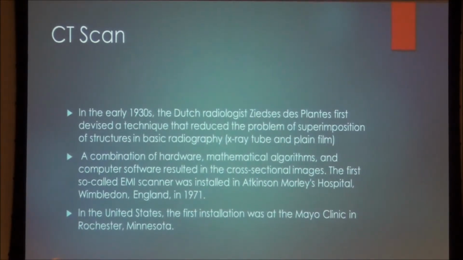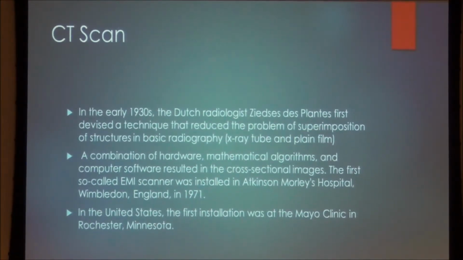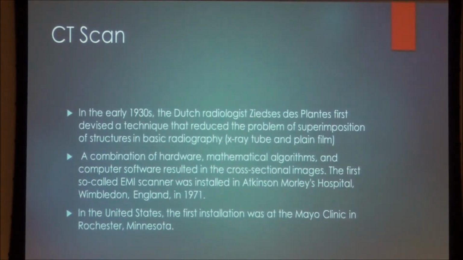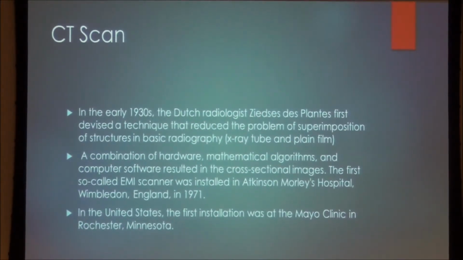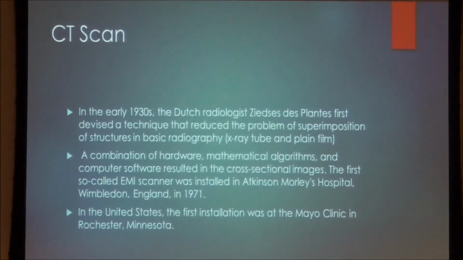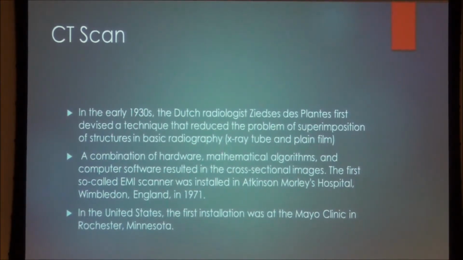Now, another imaging study that we use very frequently, sometimes I think we are overusing it, is the CAT scan. It was invented in the 1930s by a Dutch radiologist, and it was very tedious and time-consuming. The first generation was a very time-consuming study, but it was a great leap forward in imaging advances.